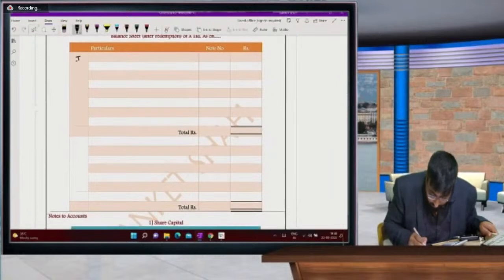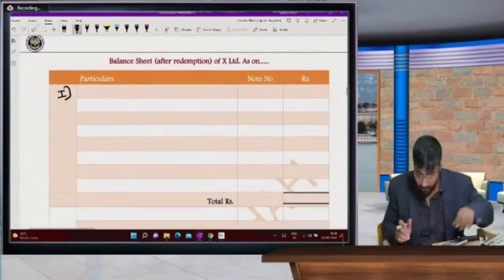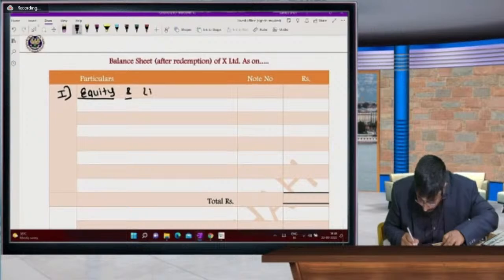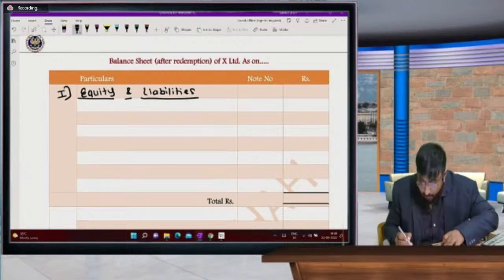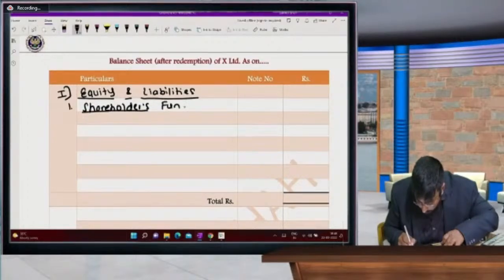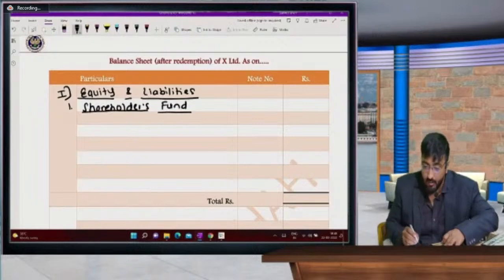So one, write down equity and liabilities. One, shareholders fund.